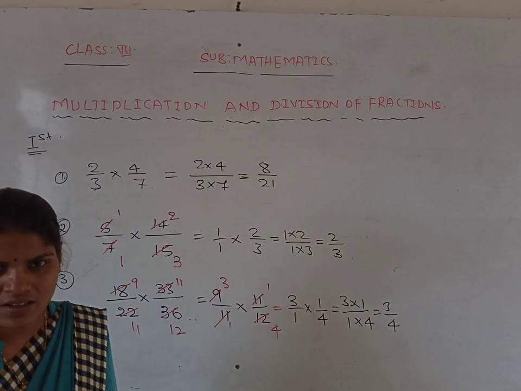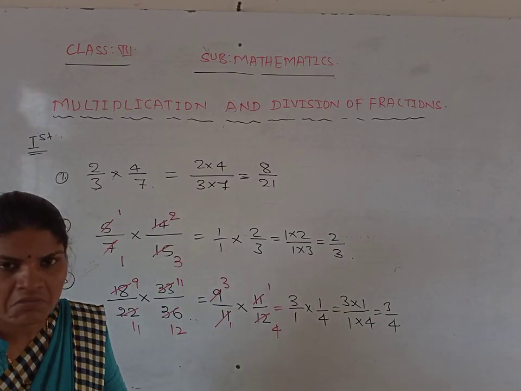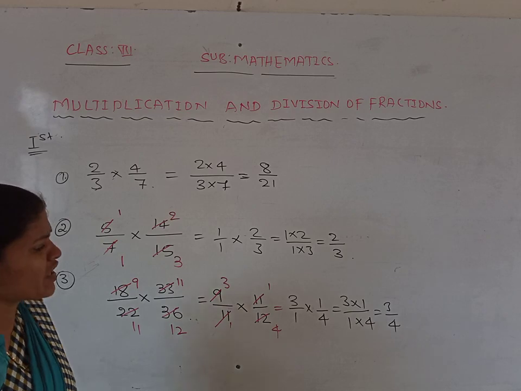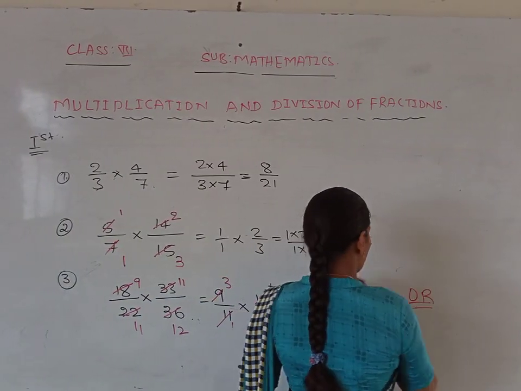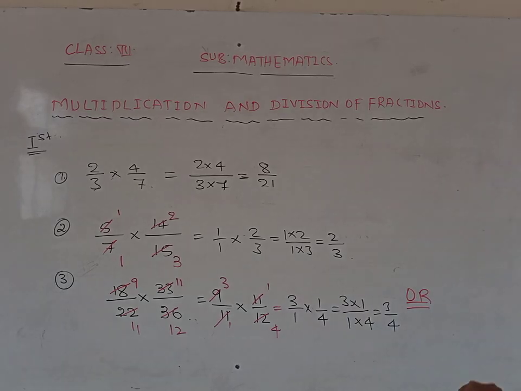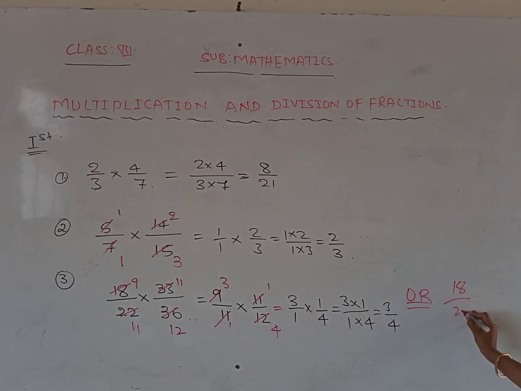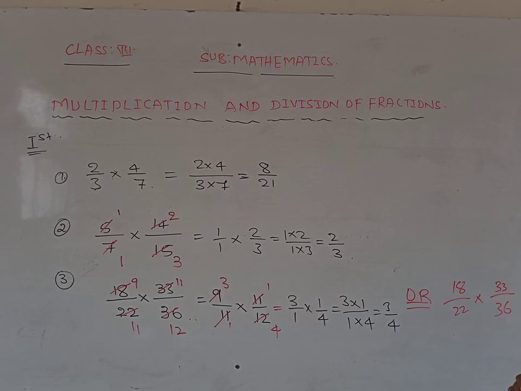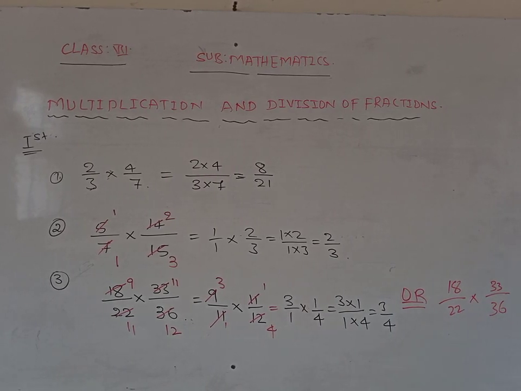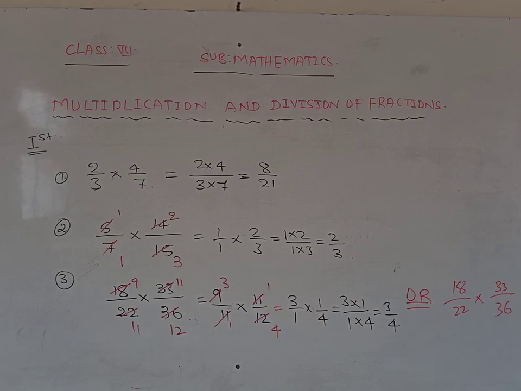Yes, dear student, please, it is complicated. No, not complicated. You can solve this one in another method, an easy way. Just observe here: 18 divided by 22, 33 divided by 36. Here also there is a common factor.